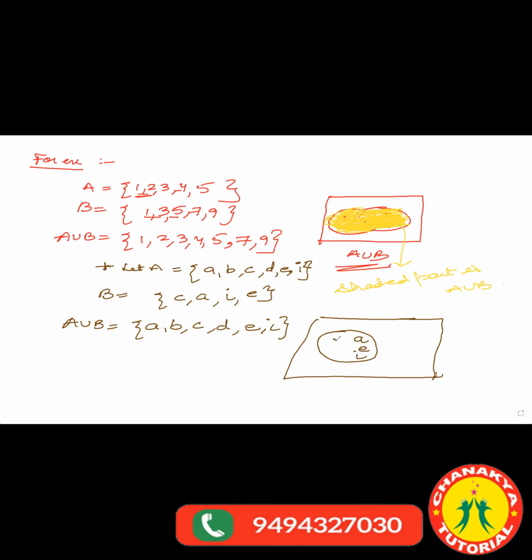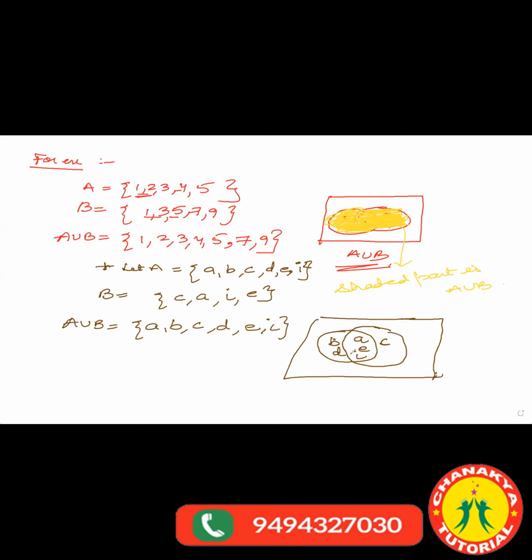And here I am writing B, D. So here I am writing in B part. This is A, E, I. So here will be C only. So now this part is A union B. Just shade the union part.